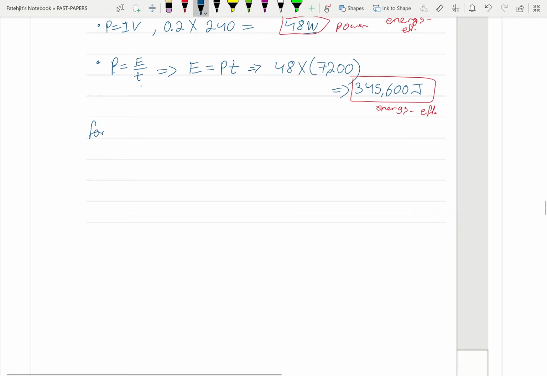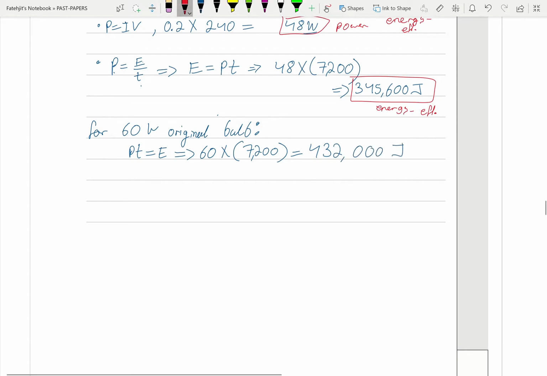So for the 60 watt original bulb, we can use the same equation, PT equals E. Therefore, 60 times the same 2 hours, which is 7,200 seconds, plugging into your calculator, gives us 432,000 joules of energy. And that's for the original bulb.